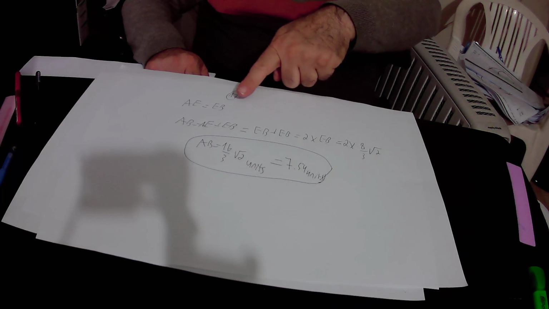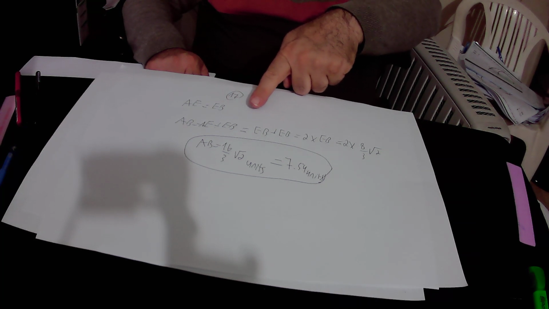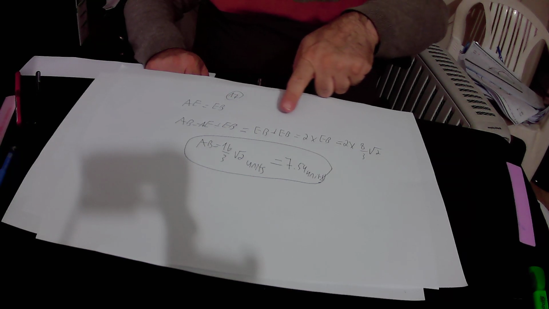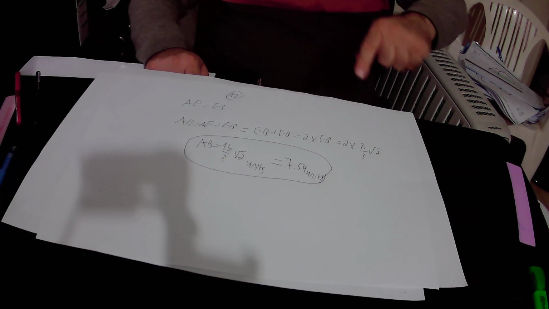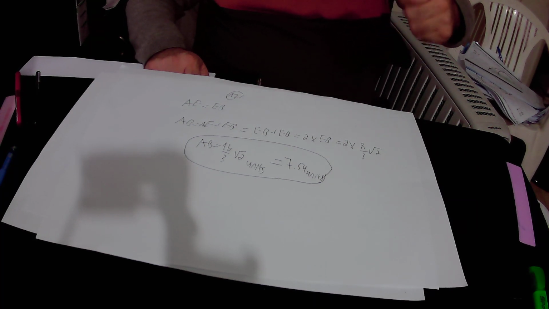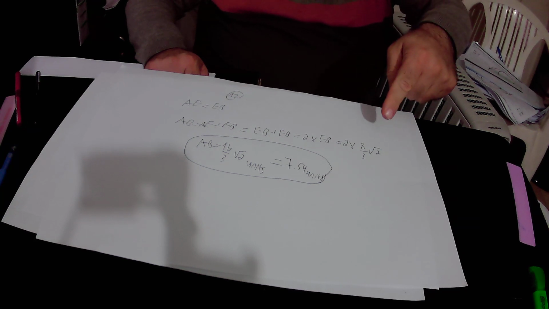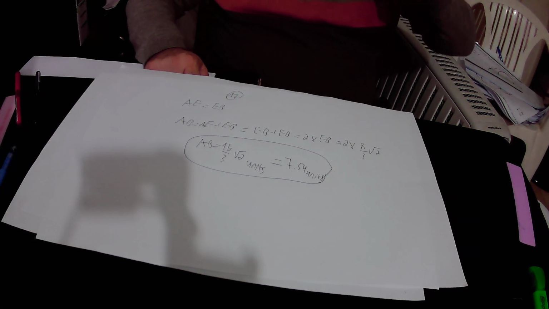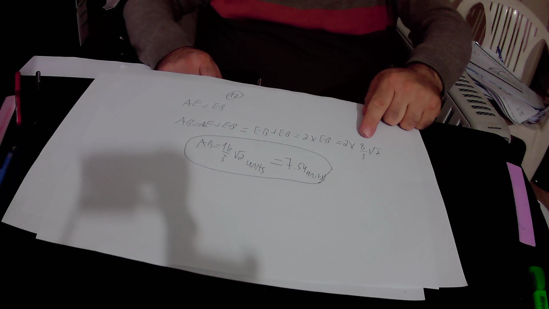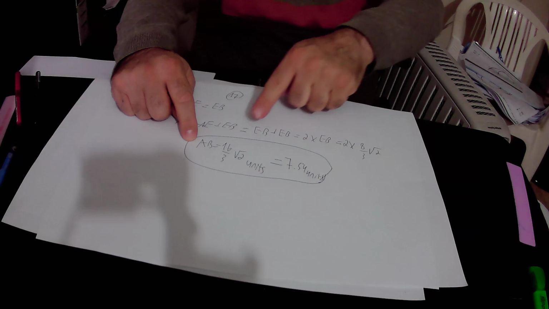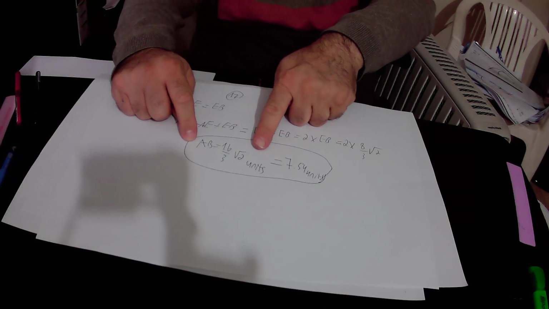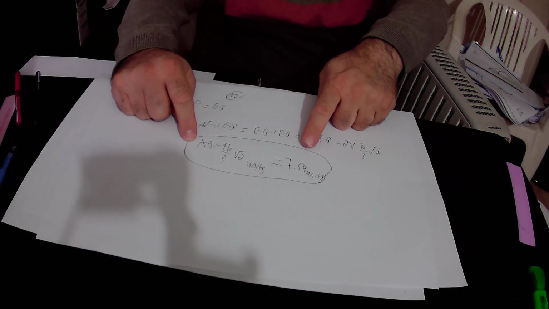So AB equals EB plus EB, that is to say AB equals 2 times EB. We have already found that the value of EB is 8 over 3 times square root of 2 units, and 2 times 8 is 16. In total, we found that AB equals 16 over 3 times square root of 2 units, or in terms of numbers, chord AB equals 7.54 units.